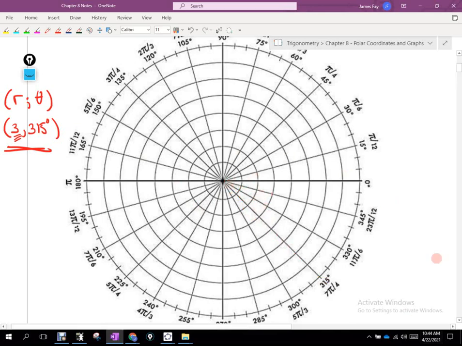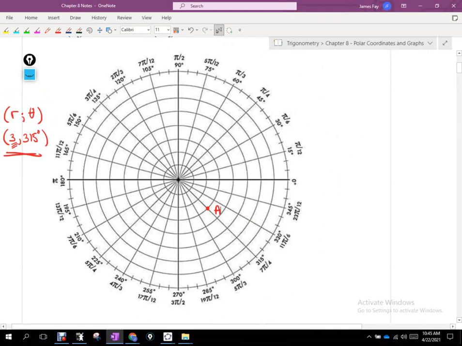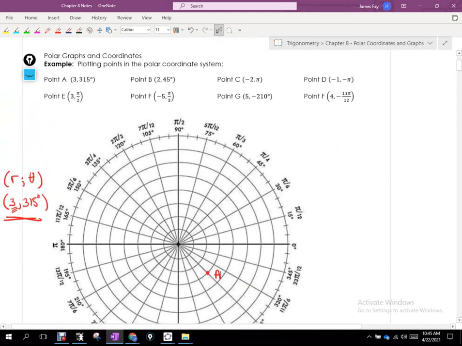And that point right there is 3, 315 as a polar coordinate. That's pretty simple, straightforward to do. Find the terminating ray and then count out what circle on that terminating ray you're interested in.